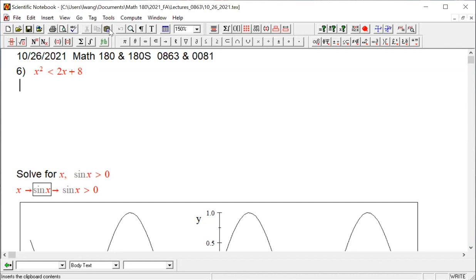x squared minus 2x minus 8 less than 0. So the first step is making 0. 0 is not given, you make 0. Okay, the second step, make product, factor.